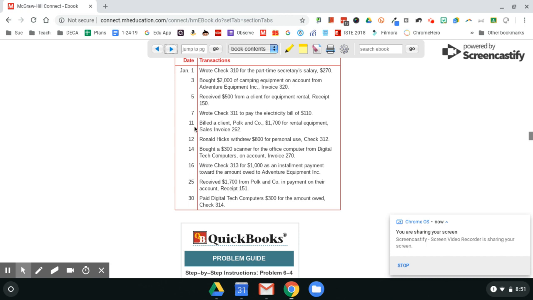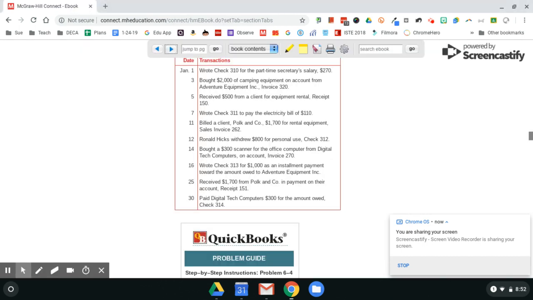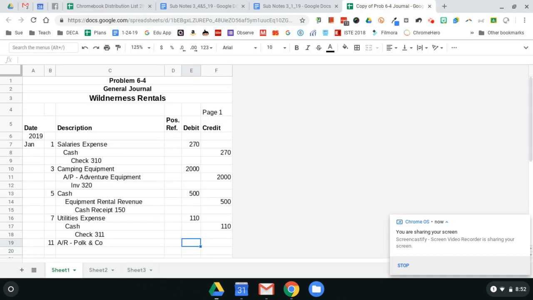Okay, let's see. On the 11th, we billed a client, Polk and Company, $1,700 for rental equipment. And it is an invoice, 262. So this is us doing revenue. So this is going to be accounts receivable, and rental revenue is going to be the credit. So on the 11th, 1,700.